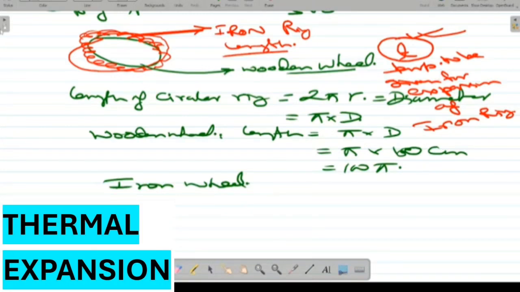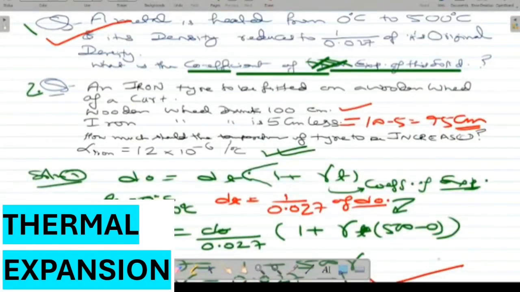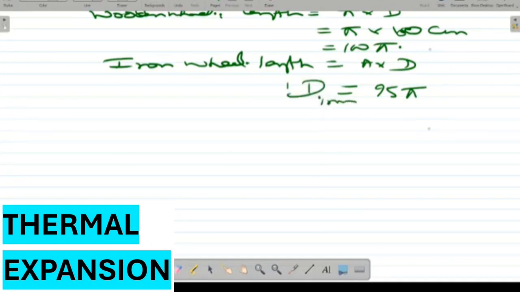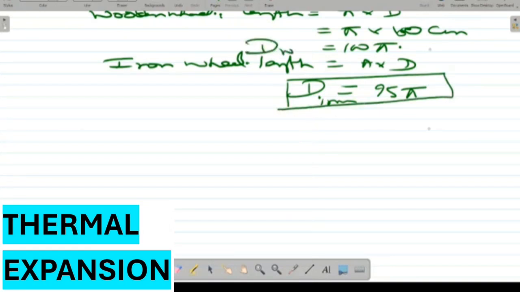So what is the diameter of the iron wheel? The length of the circumference is equal to pi into d, and we have discussed that it's 95 centimeter. So the iron wheel length will be 95 into pi. This is the diameter of iron, and this is the diameter of wood.